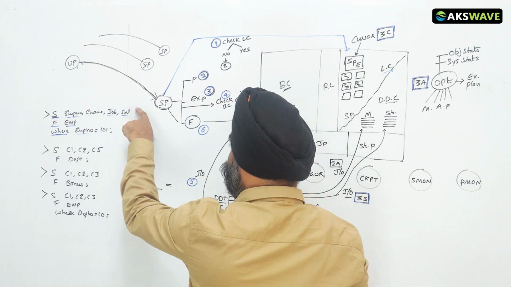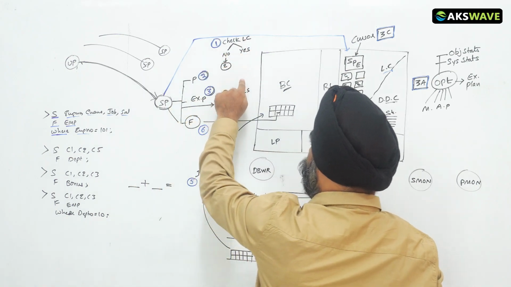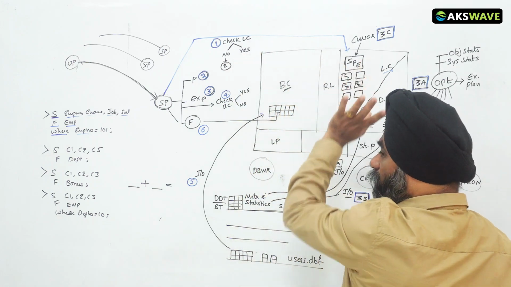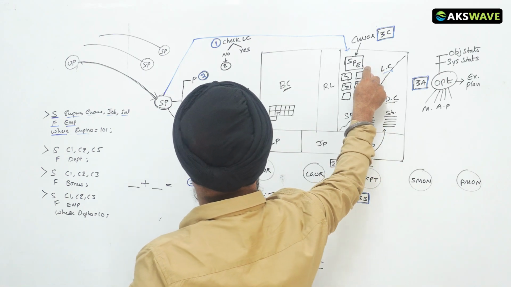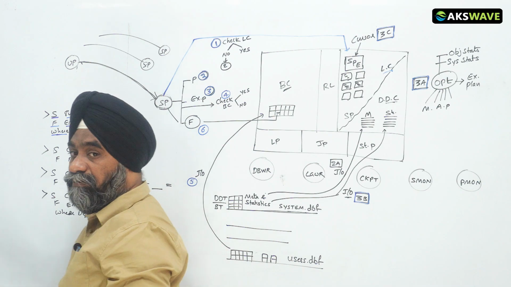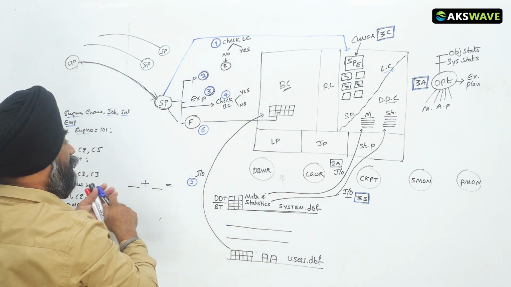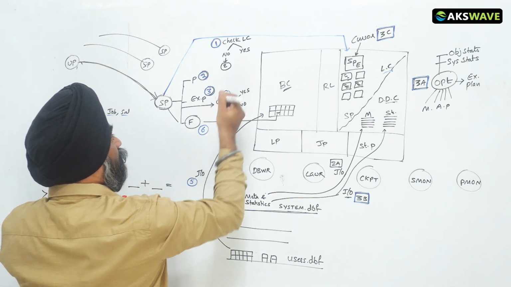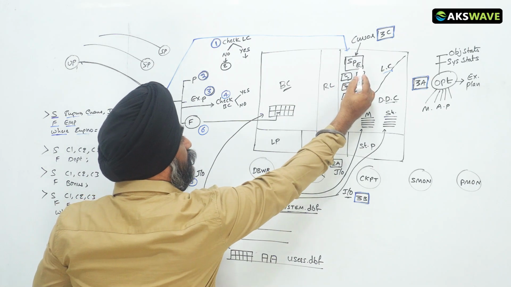Again, the server process first checks: will it find the cursor or not? Yes, it finds the cursor. So what will it do? Simply use the execution plan. Already I got the plan. So I found it here. I found the execution plan, yes.